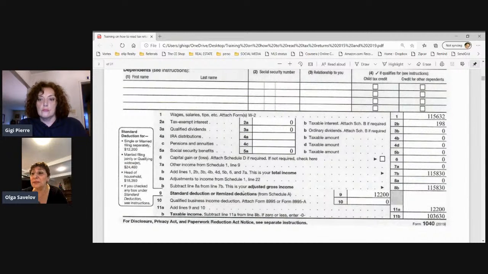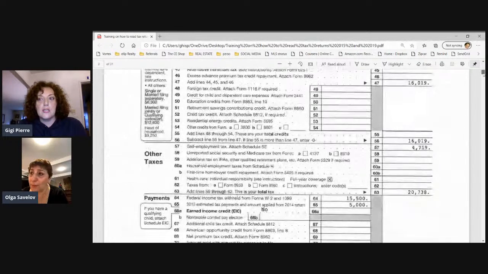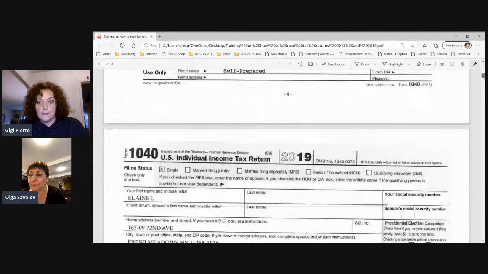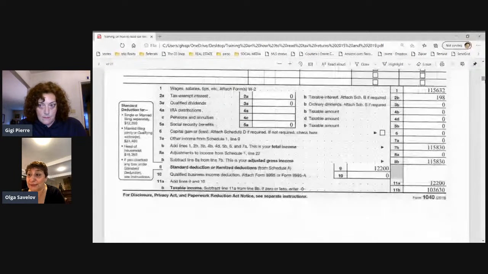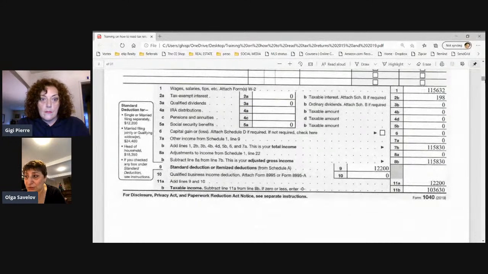Now, my comments under reading the tax return: we did it for 2015, so I want to show you where the difference is. Standard deduction. The standard deduction changed from 2015 to 2019. Now the standard deduction for one person is 12,000, and for two people is 24,000.